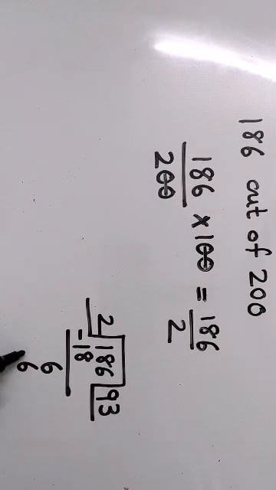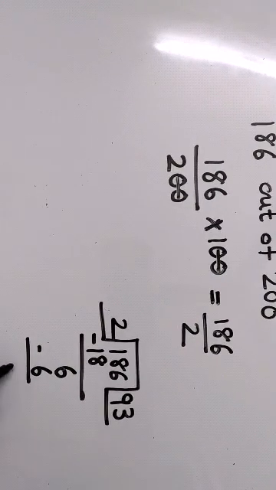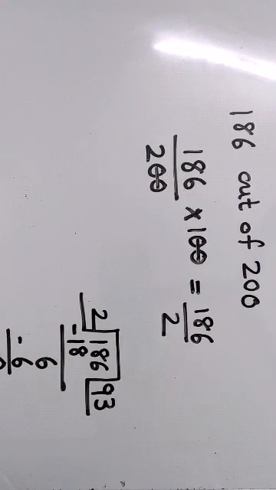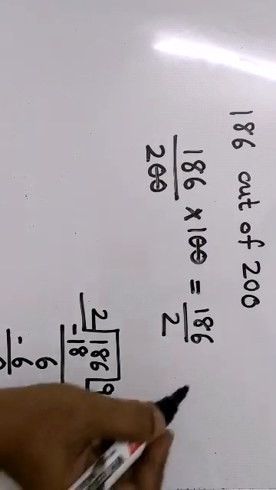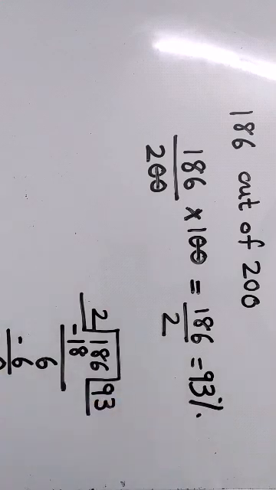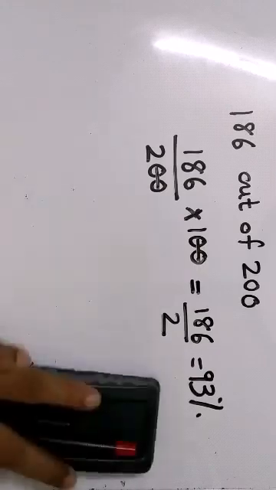That's why children, I said you need to learn your tables and you have to be quick. So it is 93%. Okay. Let's move to another example.